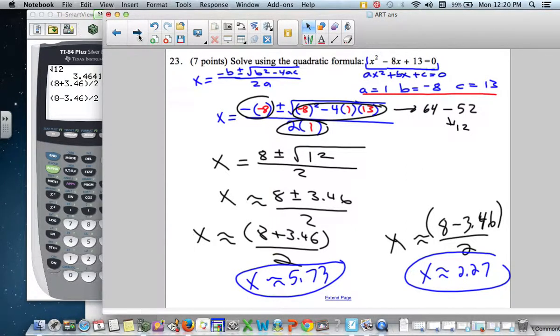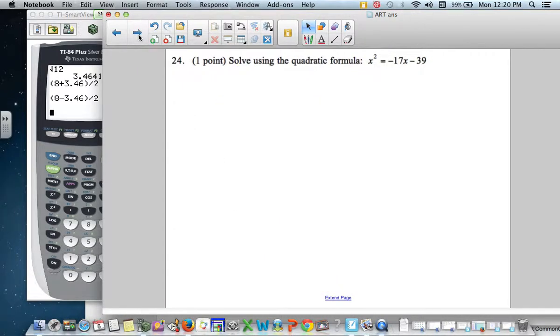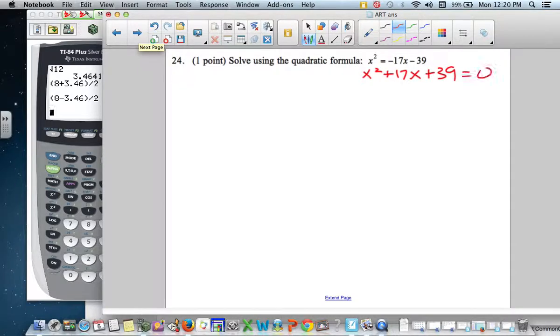It's the same idea for the next one. The only difference is first, you're going to have to add 17x to both sides and add 39 to both sides to get it to say equals 0.